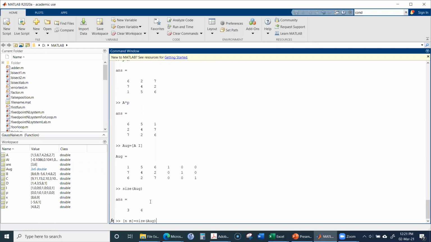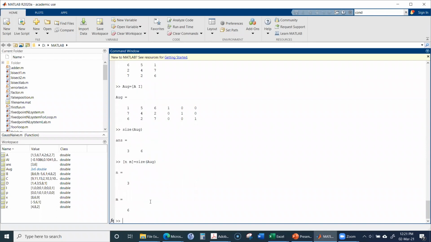So size of the augmented matrix will then be given in this form, N and M. It will show that N is equal to 3 and M is equal to 6. So I will get the size in these variable names by this command. These are some of the ways in which you can perform the operations.